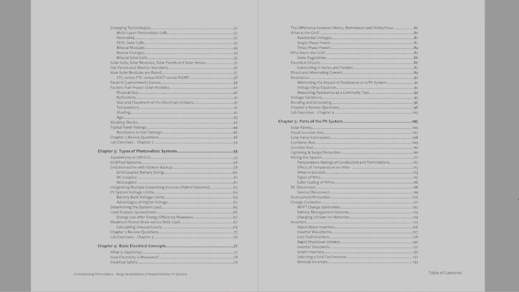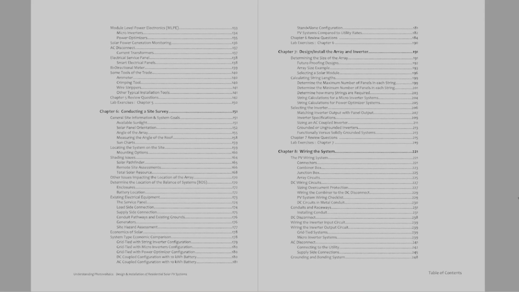So we get junction boxes, combiner boxes, surge protection, wiring, how wires are rated, types of wires, color coding of wires, things of that nature. The DC disconnect, charge controllers, inverters, all the various types and flavors there. Then we get into module level electronics, generation, how do you monitor that, the inverters, meters, bidirectional, and then tools of the trade.